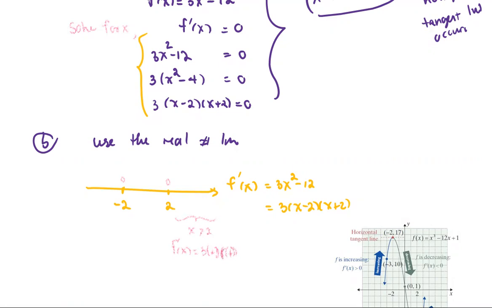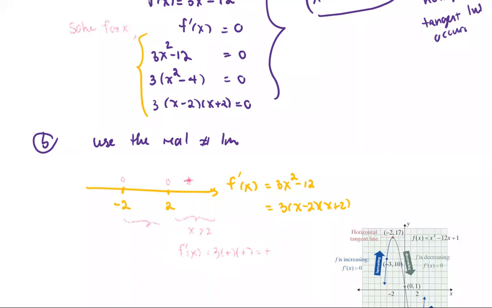So the derivative for the quantity greater than 2 gives us 3 multiplied by a plus sign multiplied by a plus sign, which returns a positive sign. On this interval, the slope is positive.